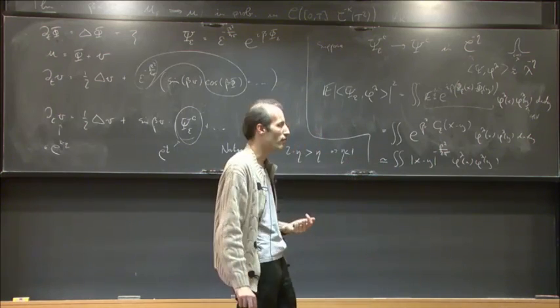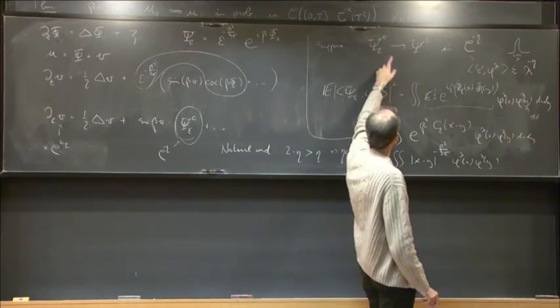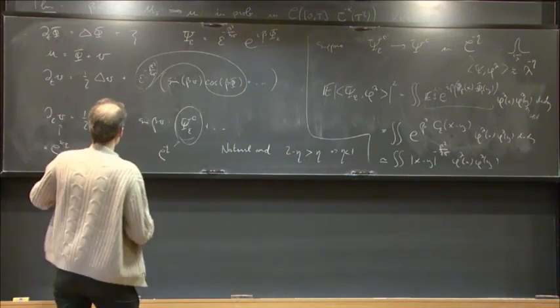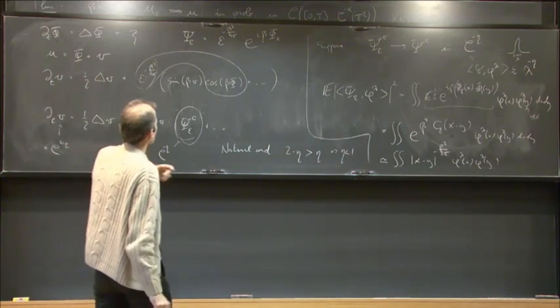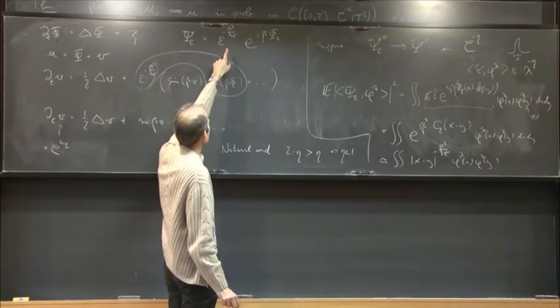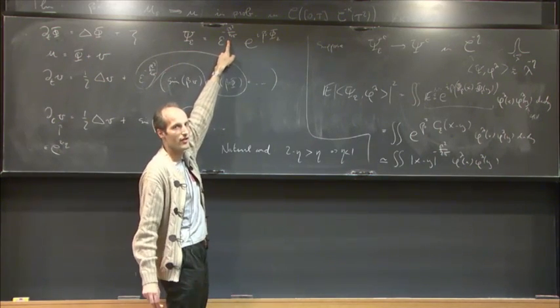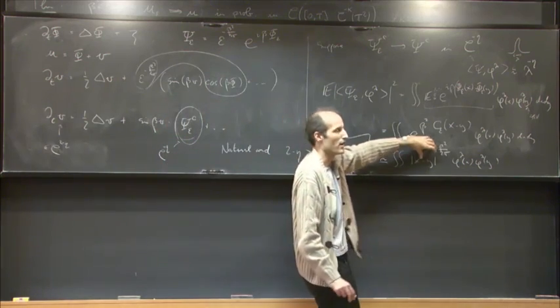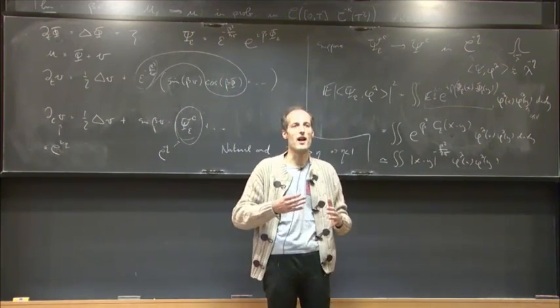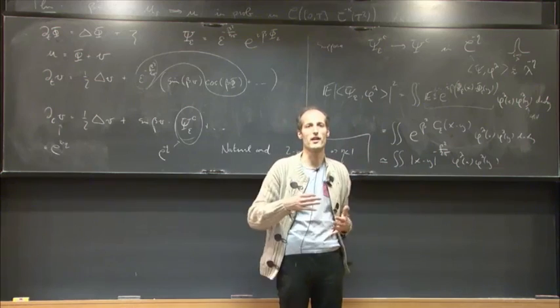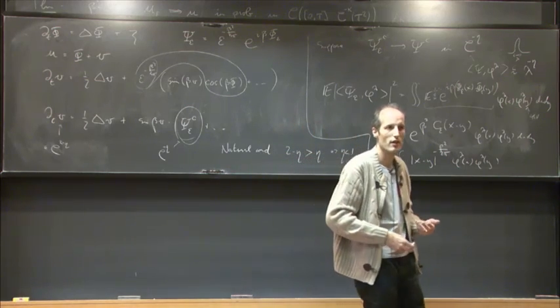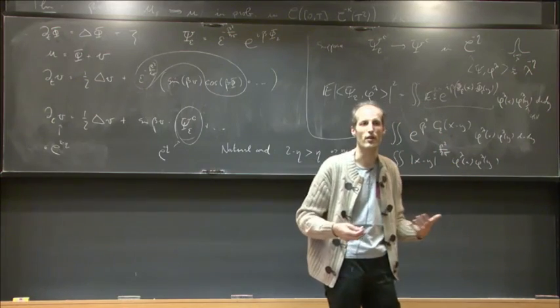So when beta square is bigger than 8 pi, then if you want to get a limit here, the scaling changes, and the limit is just a white noise, because you have here something with a non-integrable singularity, and then the only way of rescaling it is to make sure that it integrates to 1, and then it becomes a delta function in the limit. Okay? And so you just have convergence to a white noise.